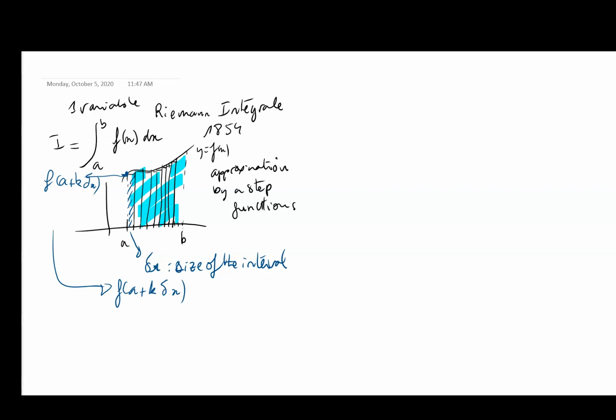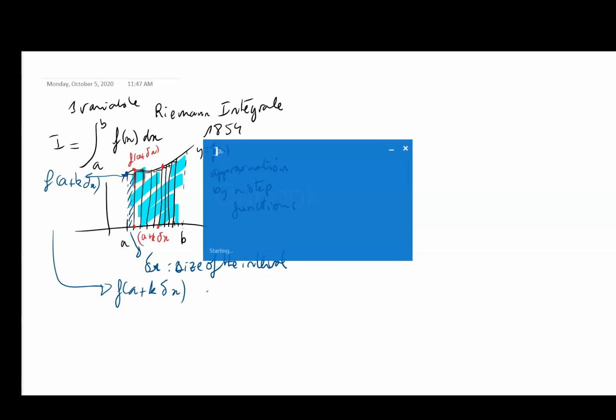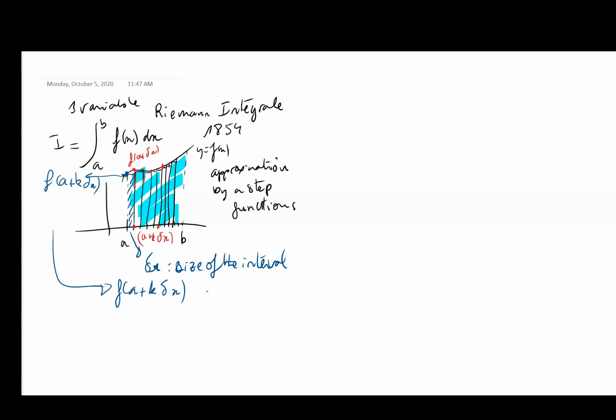If I'm looking at my second rectangle, the one here, I'm going to take the value of f at a plus delta x. If I'm looking at the kth, at the a plus k times delta x point, I'm just getting the value of f at a plus k times delta x.